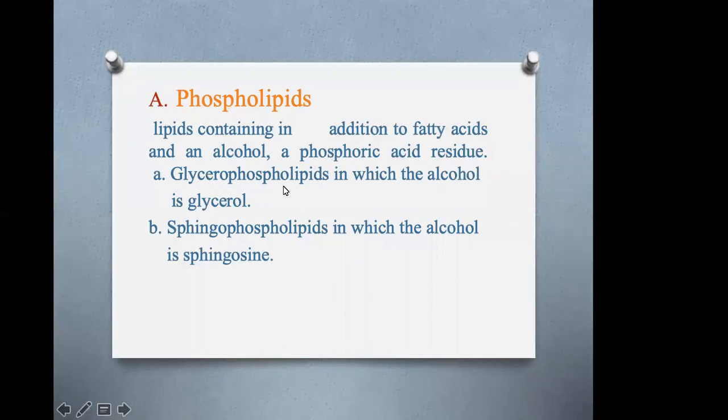Now, phospholipid is further divided into glycerophospholipid and sphingophospholipid. In glycerophospholipids, the alcoholic group is glycerol, as you can tell from the name, and in sphingophospholipids, the alcoholic group is sphingosine.